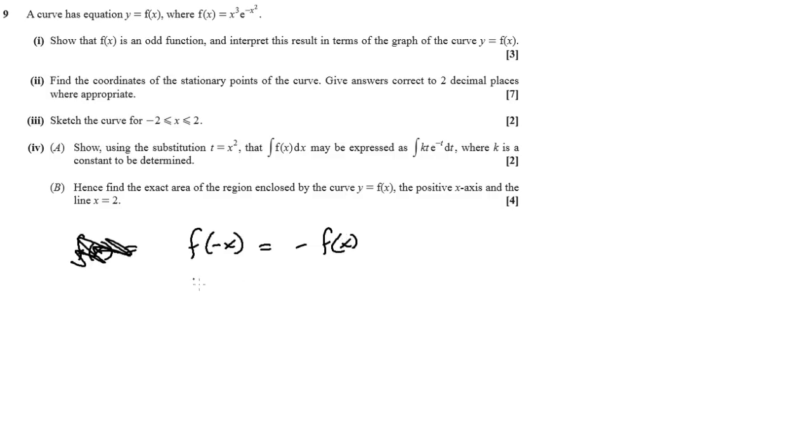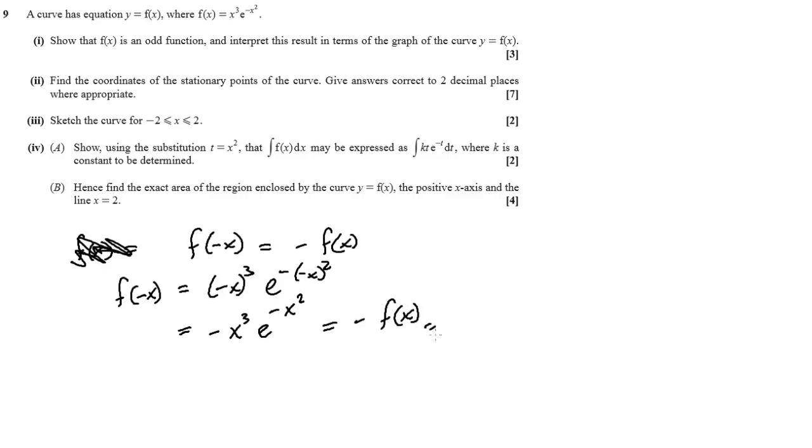So we can show that f of minus x in this context would be minus x cubed e to the minus x squared. Minus x cubed gives us a negative x cubed, e to the minus x squared gives us just e to the x squared, which is conveniently negative f of x. And so we have proven that it is an odd function.